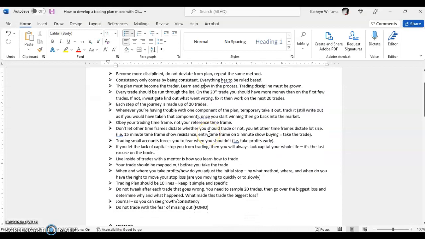It's to replace you until you have developed internally and psychologically to become a better, consistent, profitable winner in trading. So I hope this clarified what the difference between a trading plan and a strategy is and why you should have one.